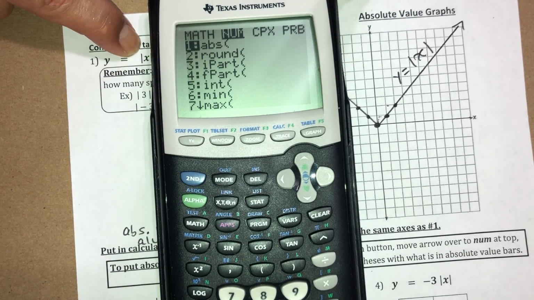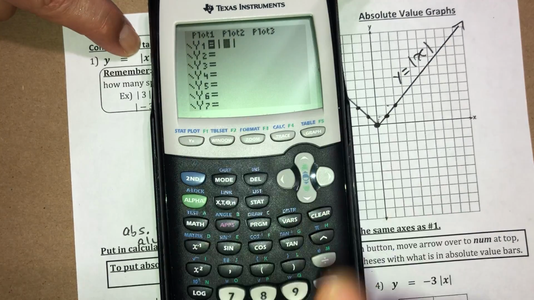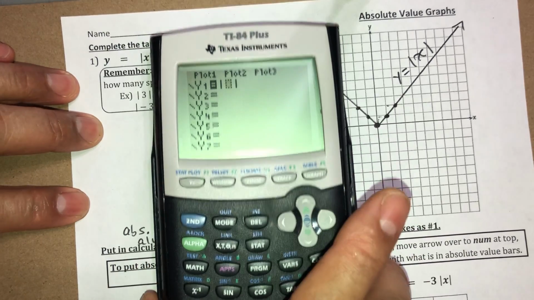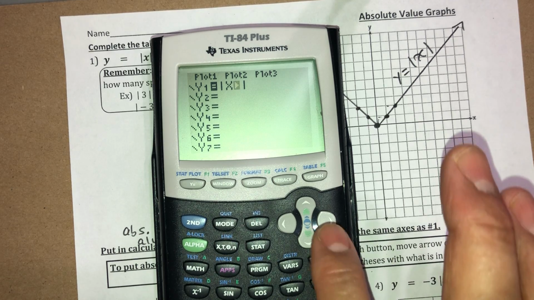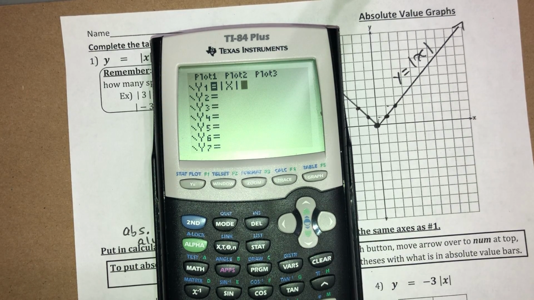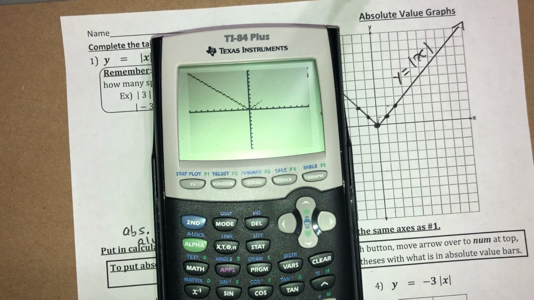But my calculator is going to be different, because if I click 1, I'll get the bars. See? In some of your calculators you get the bars too. So if you get the bars, just type X and make sure you close it out, okay? And graph. And there is the main function, the graph of the main function.